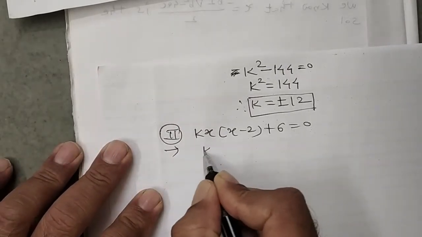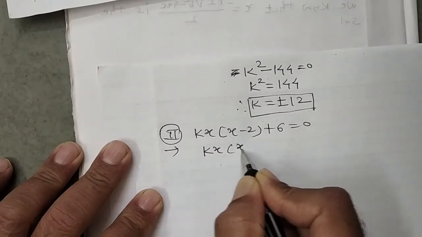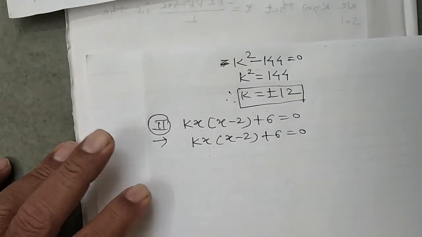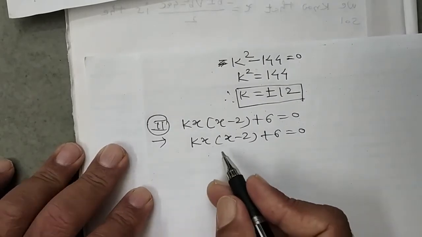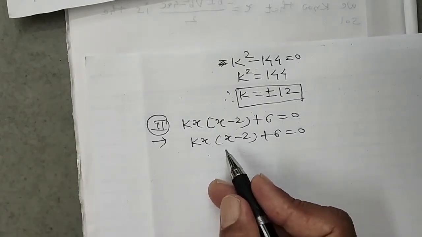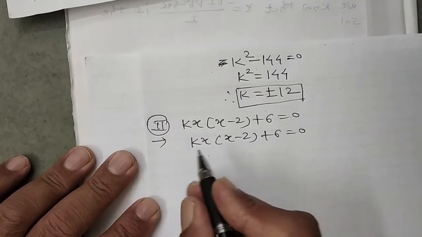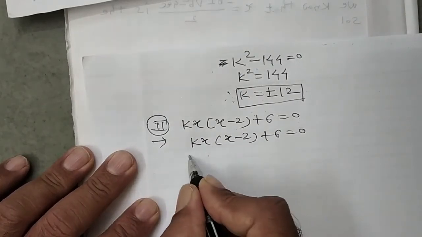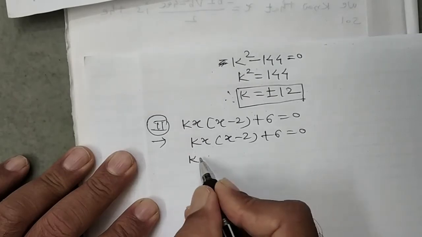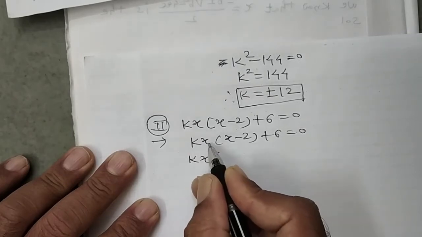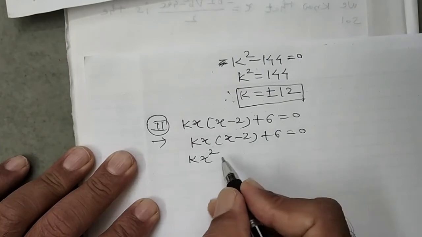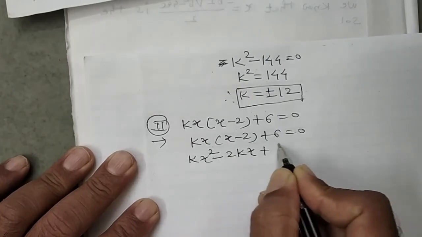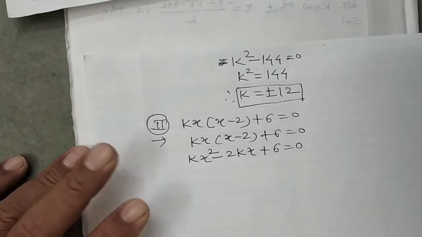We have to write this equation in the form of the general equation, that is, taking multiplication: kx square, multiplying kx into minus 2, that is minus 2kx plus 6 is equal to 0.